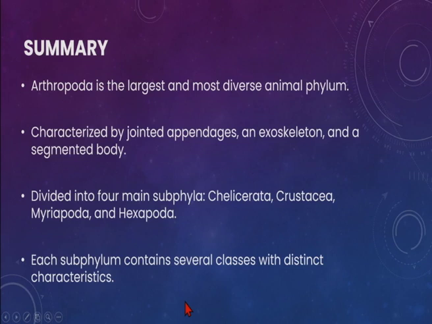These are the characteristic features of the arthropods. The main characteristic feature is the jointed limbs, and the phylum is divided into 4 main subphyla, that is Chelicerata, Crustacea, Myriapoda and Hexapoda, and each subphylum contains several classes with distinct characteristics.